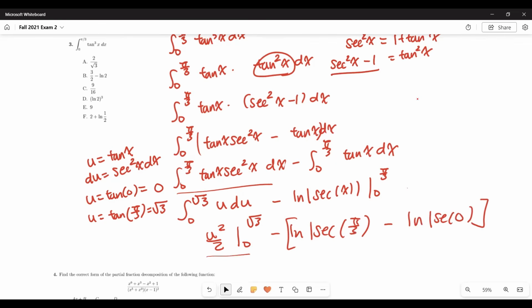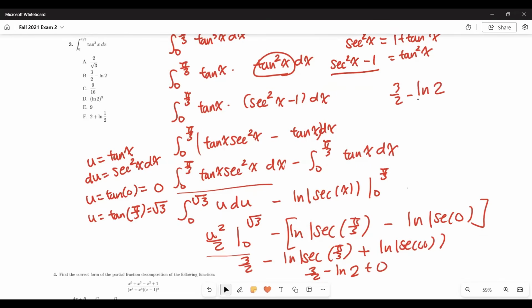So this will be just square root of 3 squared, so 3 over 2, and 0 squared is just 0, so 3 over 2 minus ln secant pi over 3 plus ln secant 0. ln secant pi over 3 becomes 3 over 2 minus ln 2, and then ln secant 0 is just ln 1, which is just 0, so this is just 3 over 2 minus ln 2. So the answer for this question is B.